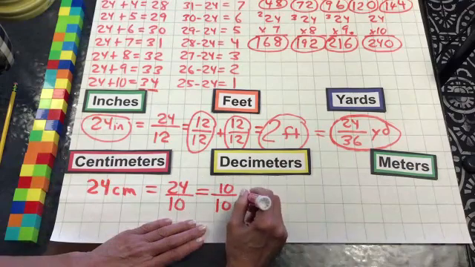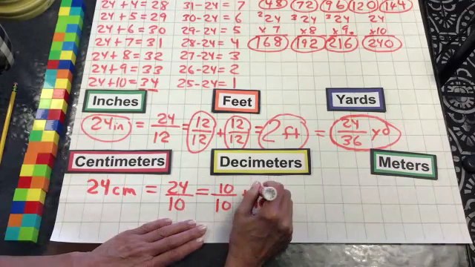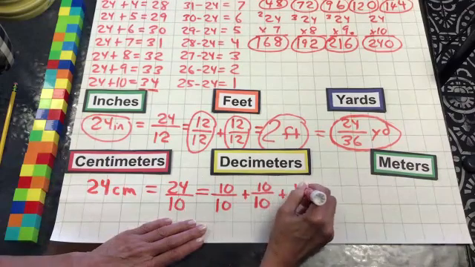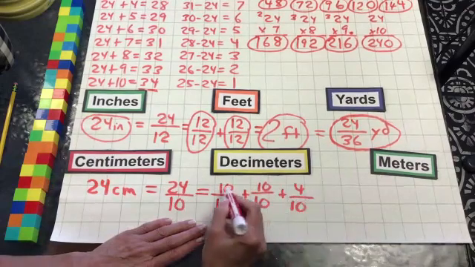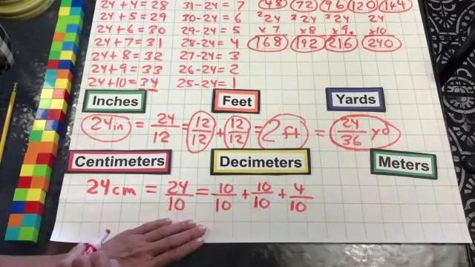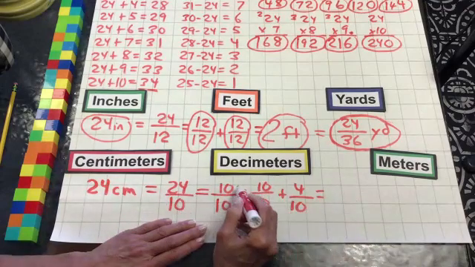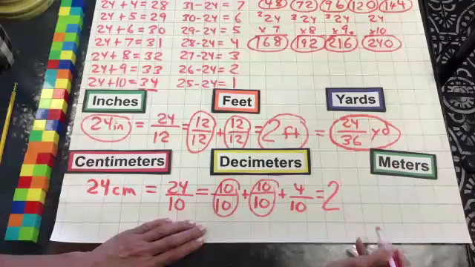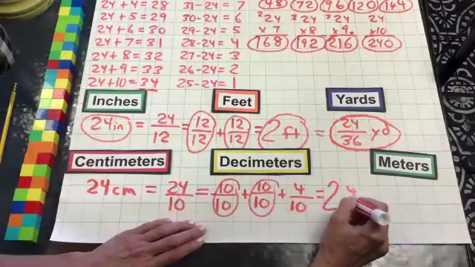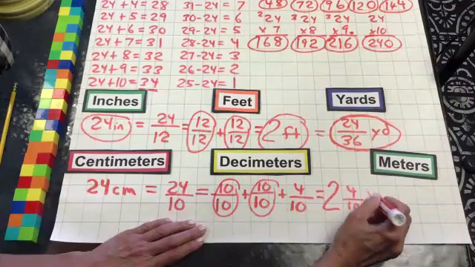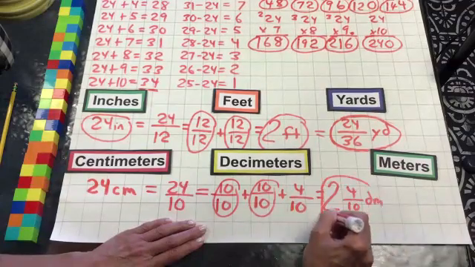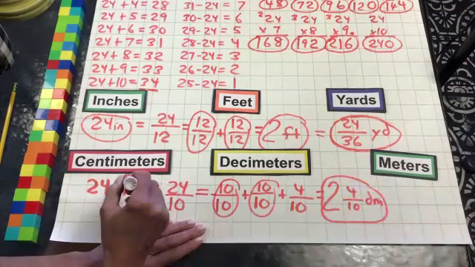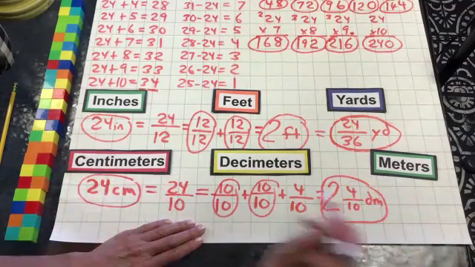Still leaves us with 14, so we can do another 10. And then we do a 4, because 10 plus 10 plus 4 equals 24. And according to this, we have 2 whole decimeters. So we write 2 as a whole with a fraction of 4/10 decimeter. So we have 2 and 4/10 decimeters, which is the same as 24 centimeters.